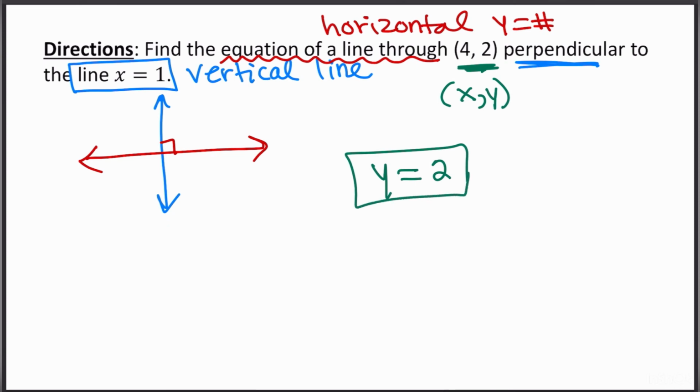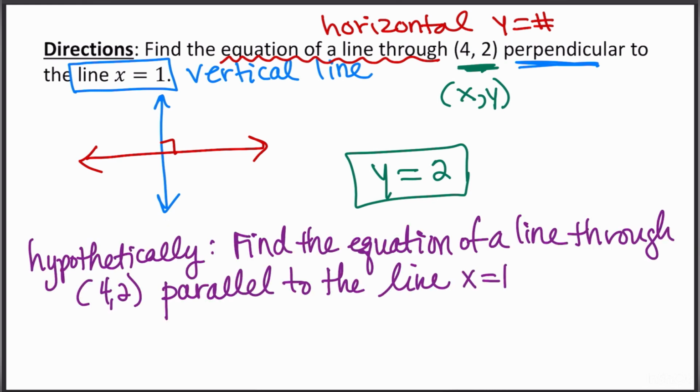Let's pretend, hypothetically, that this question, instead of saying, find the equation of a line through (4, 2) that is perpendicular, said, find the equation of the line that is parallel. So the question says, find the equation of a line through the point (4, 2) that is parallel to the line x equals 1.